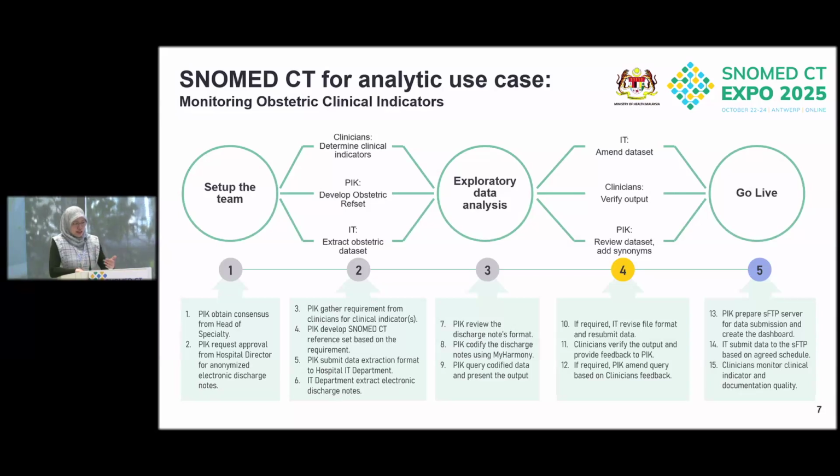We sometimes engage the clinicians to verify the output, whether the trend looks similar, because sometimes specialties have their own clinical registries. So every 2-3 years, they will have a report and they have a certain trend that they see. Even though the numbers may not be the same, they can verify, for example, does this trend look right?